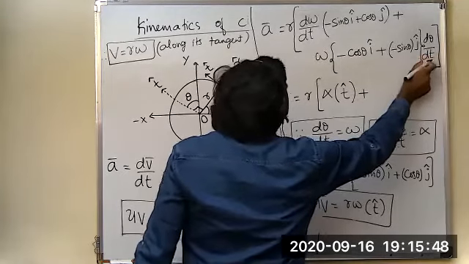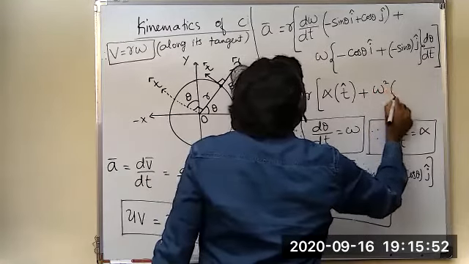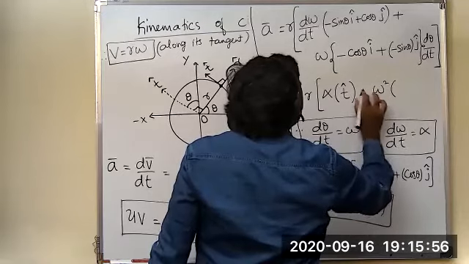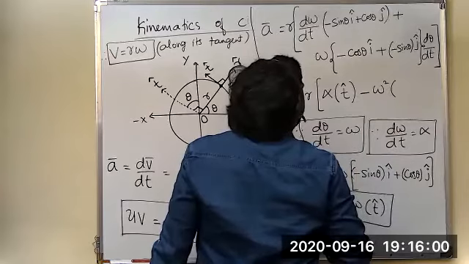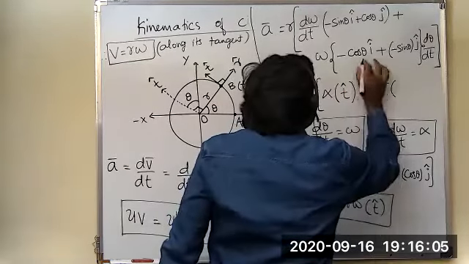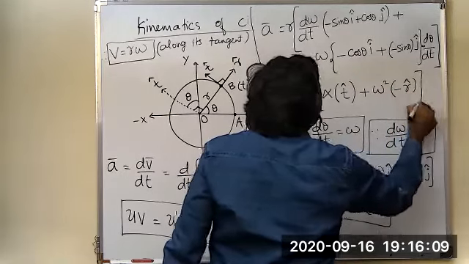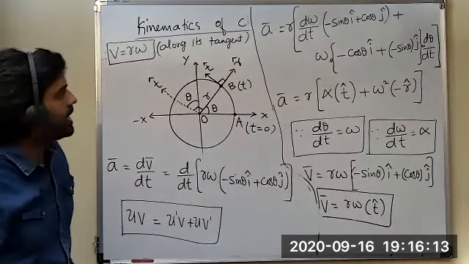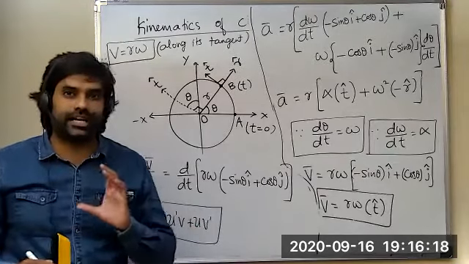So now omega into omega, you are going to get omega square, into, here I am taking minus common, students. If I take minus common, or else you keep plus as it is, this can be written as minus r unit vector. That's it, friends. Because if you take minus common from both, cos theta i cap plus sin theta into j cap is nothing but, students, the unit vector along the radius.